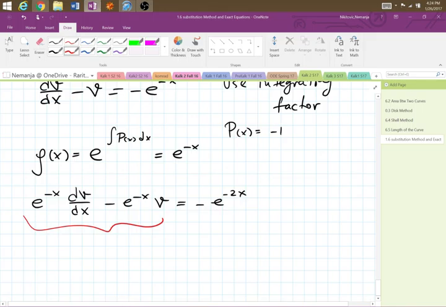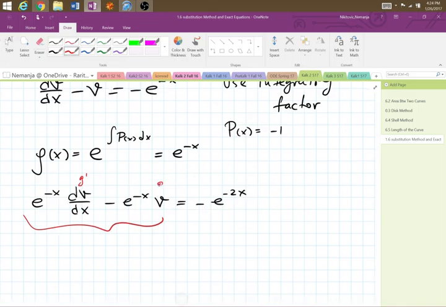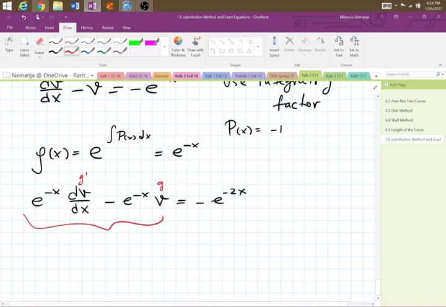So if this was our g prime, then this was the g, which means that this was f prime and this is f. So it collapses into the derivative of e to the minus x v equals minus e to the minus 2x, at which point we hit both sides by the integral.